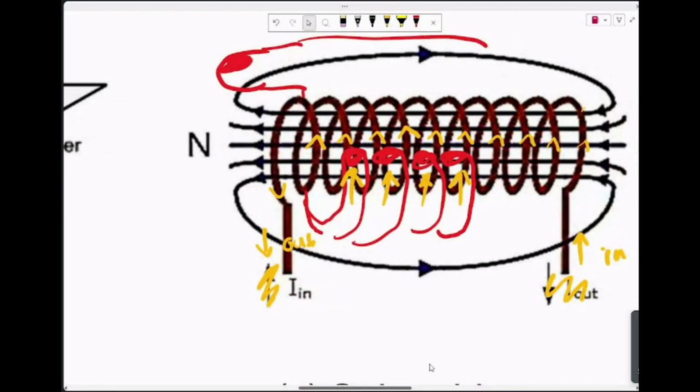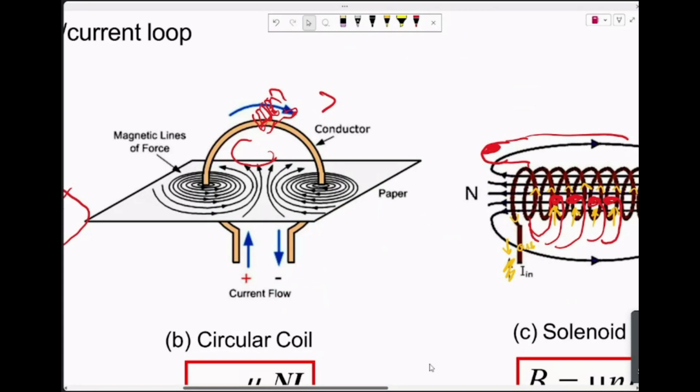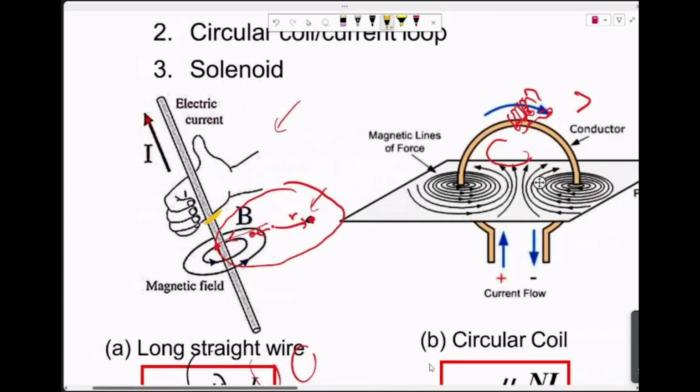So the thumb is pointing in the direction of the current, and the fingers are pointing at the north pole, as well as at the back, at the bottom of your hand. What I mean by the bottom of your hand is this side, this one, the one I highlighted.